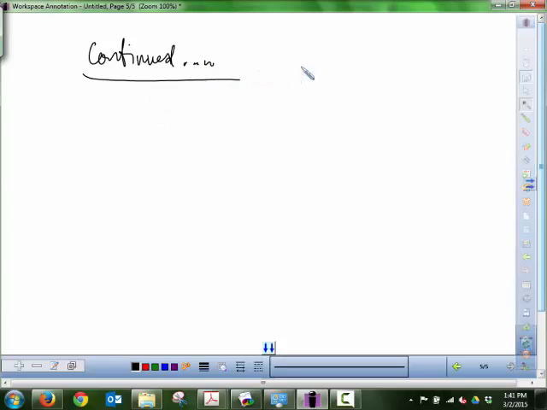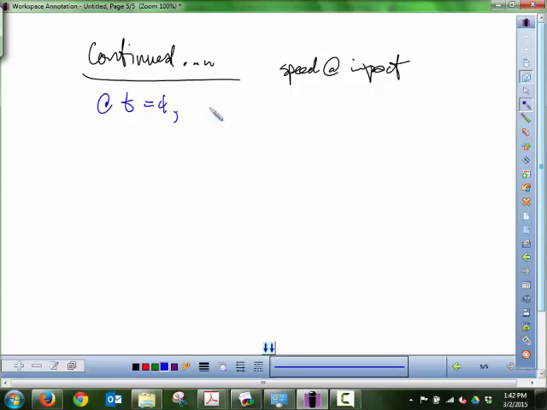What is the speed at impact? So it takes 4 seconds to get to the water. At t equals 4, the y component and the z component of the position r is 0.